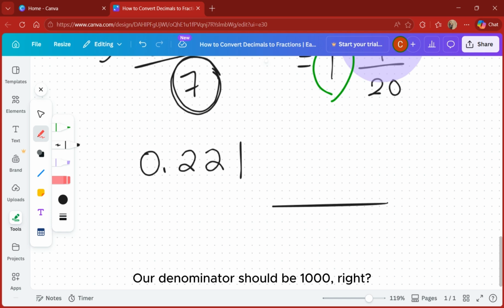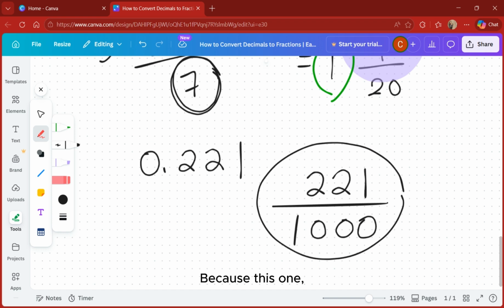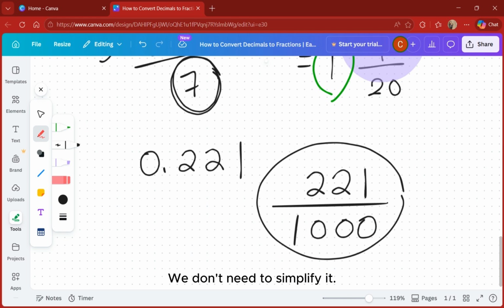Our denominator should be 1,000, right? And how about the numerator? The numerator should be 221. That's all. Because this one, they don't have any common factor between 221 and 1,000. We don't need to simplify.